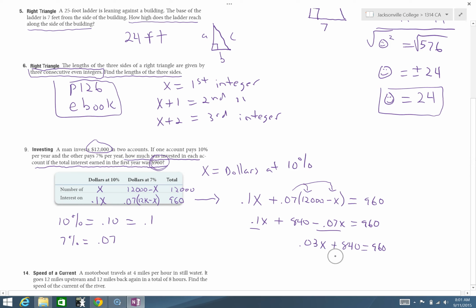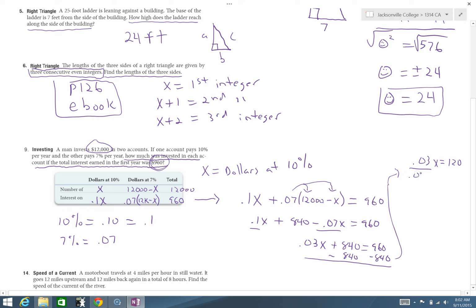Solving for x, I will subtract 840 on both sides. I get 0.03x is 120.